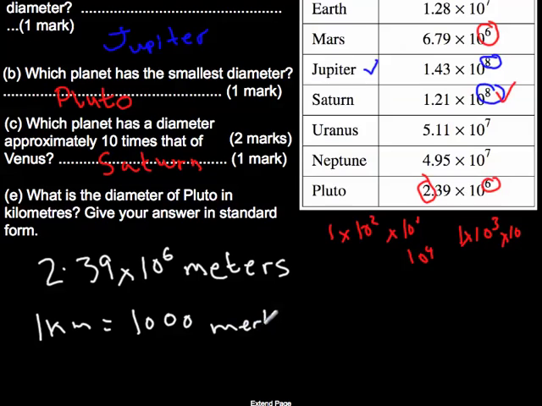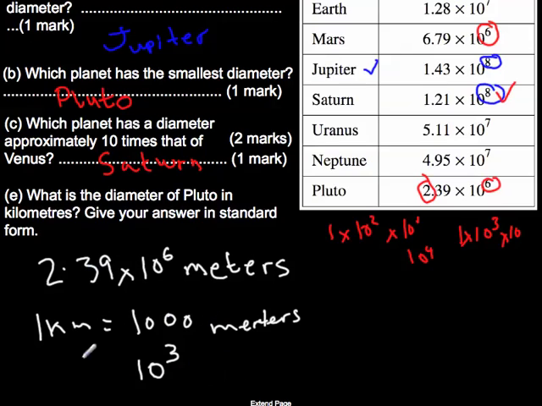And how can we write that? 1,000? Well, we can write that 10 to the power of 3, because we've got three zeros. 10 to the power of 1 is 10. 10 to the power of 2 is 100. 10 to the power of 3 is 1,000.